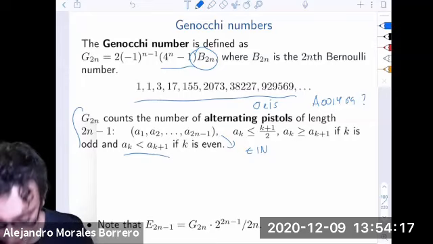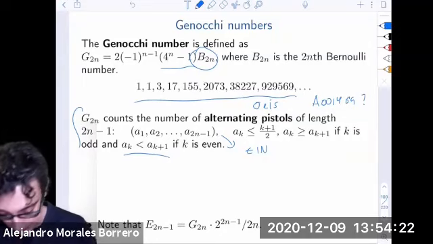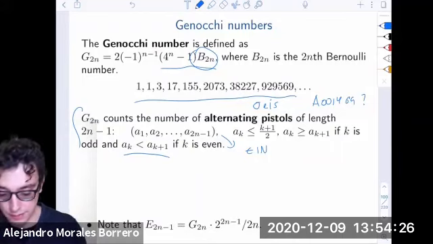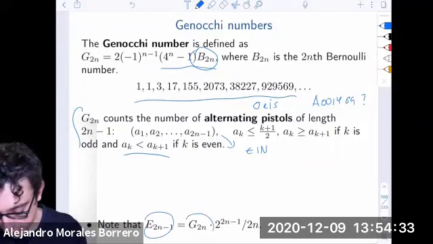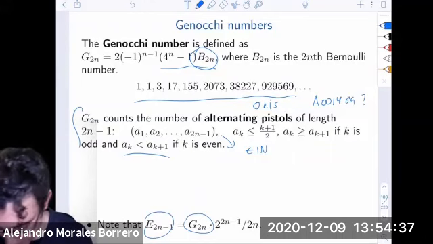Don't worry too much about this interpretation, but this is what they count. And maybe we've seen Bernoulli numbers before, because I said that Euler numbers were also equal to Bernoulli numbers times a factor. So Euler numbers are proportional to these Genocchi numbers. Maybe that's a nice relation.